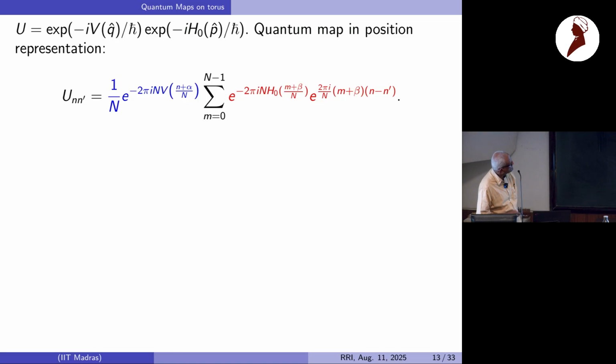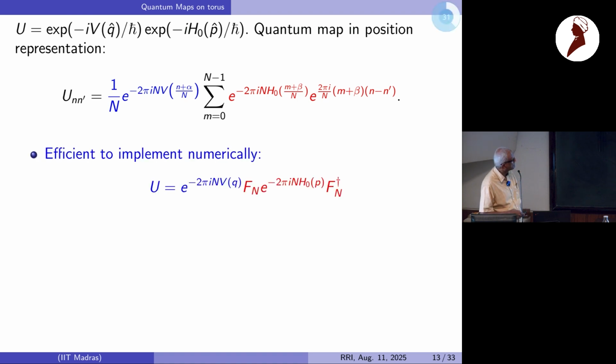This is already diagonal in the position. So we can have a position representation of this map in general with any general H zero and V on a total phase space like this. It's a finite dimensional exact unitary operator. There's no need for any truncation and so on.